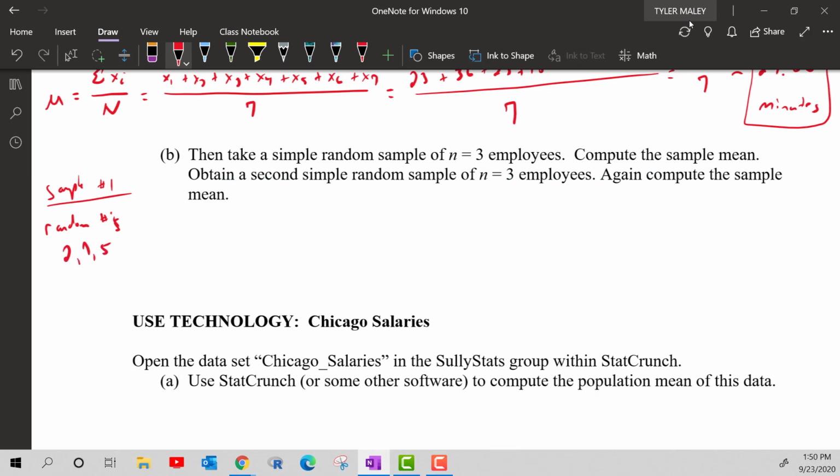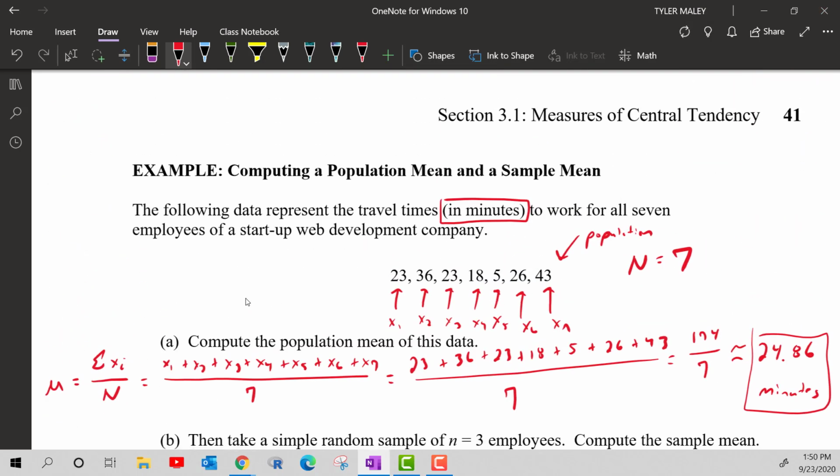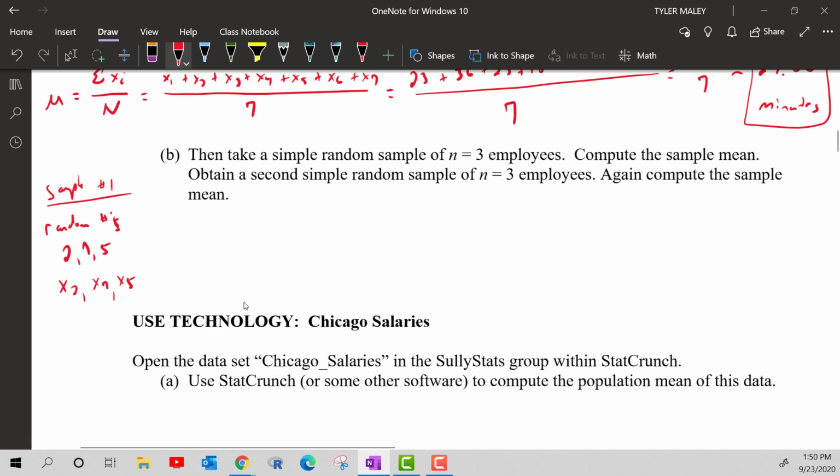Right? So then what that tells me is I want to find the sample mean using x sub 2, x sub 7, and x sub 5, because essentially the subscripts are just the numbers for each thing. So I found a set of random numbers, randomly picking 3 from 1 through 7.